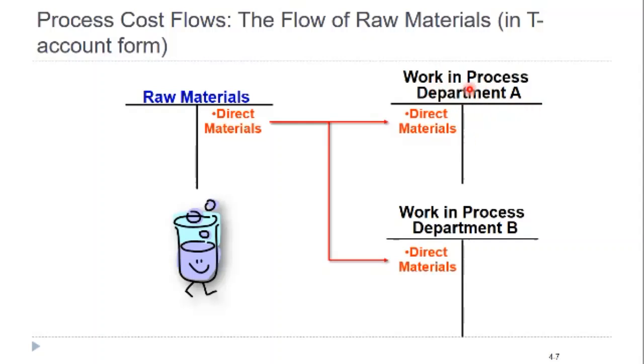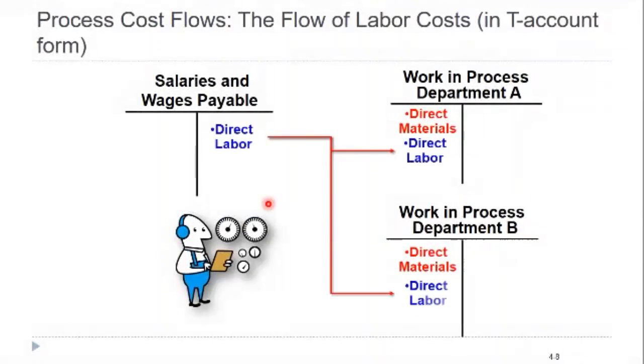Each process has a department, and each department will have a work in process account. And as the materials go to them, it is debited there, credited here. Same thing happens with the direct labor, credited in the salaries and wages account, debited to the processes.